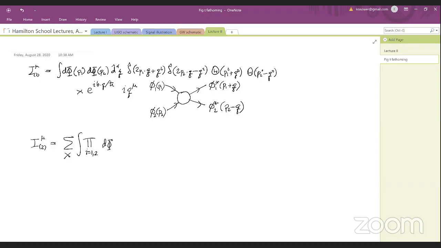We now have the integration over the genuine final state momenta, which here are called r sub i. And again, we have the same kind of momentum transfer factors and delta functions and theta functions, which I won't write out explicitly. They're written out a few lines above.